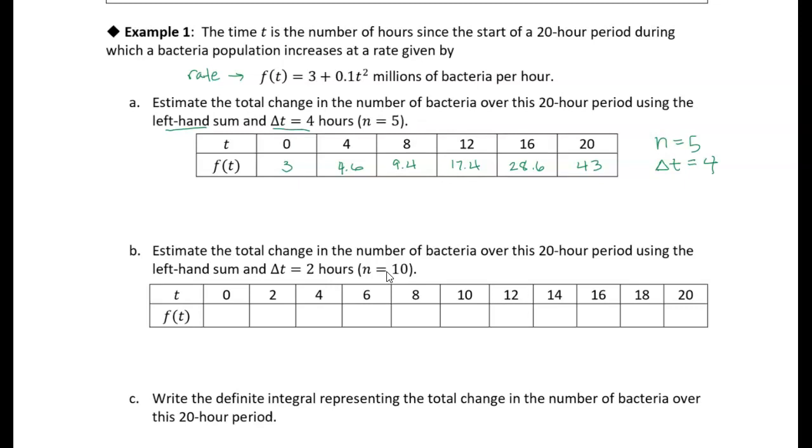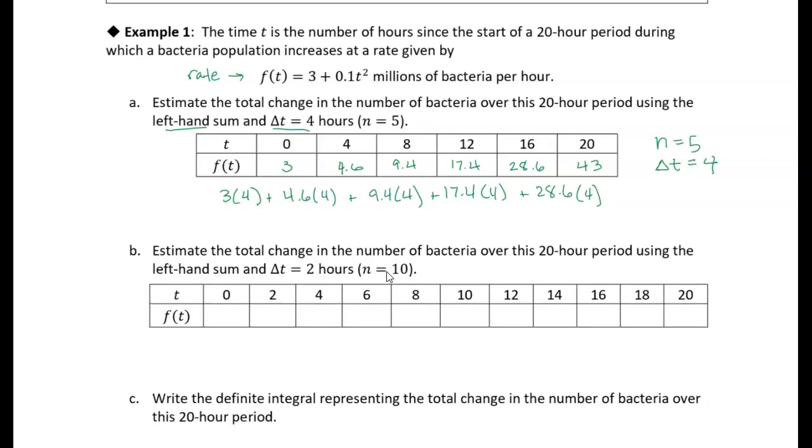So essentially we can get our left-hand sum by taking 3 times 4 plus 4.6 times 4 plus 9.4 times 4 plus 17.4 times 4, right? These are just the areas of those rectangles under the curve, plus 28.6 times 4.